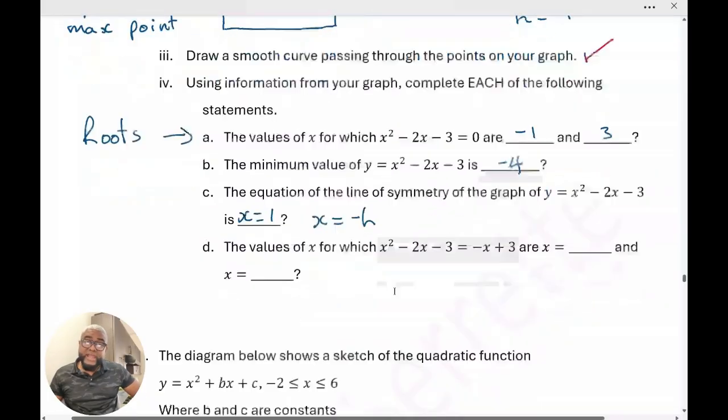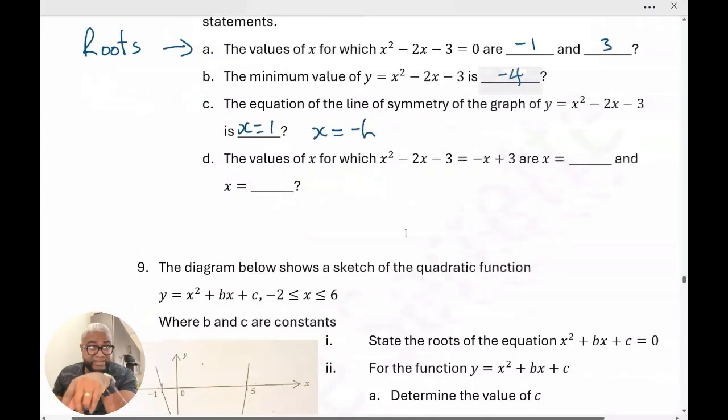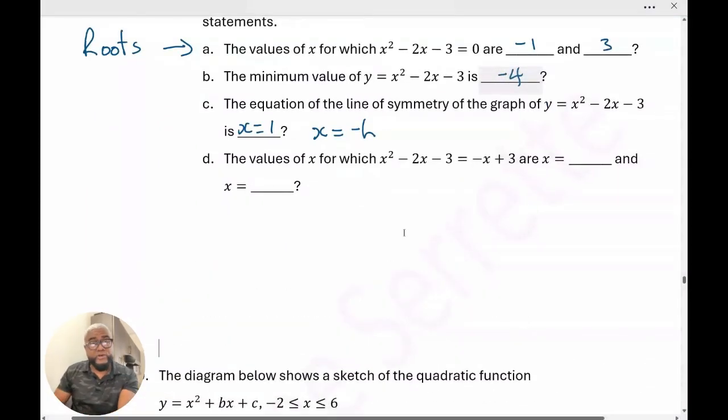Right. Now in our next question here, they want the values of x for which x squared minus 2x minus 3 is equal to -x plus 3. So they want to know when the quadratic we just drew is equal to a line, but you need to draw the line to figure that out.